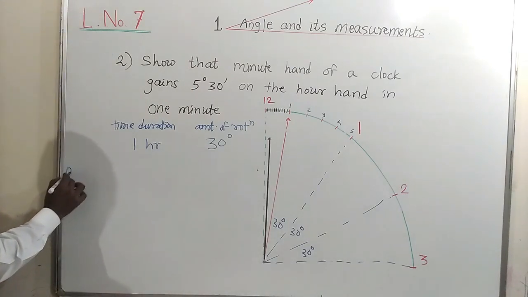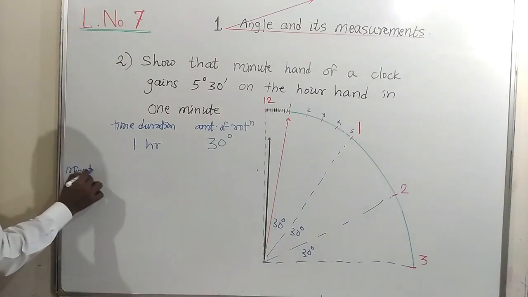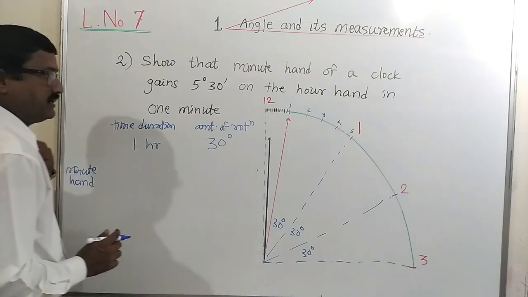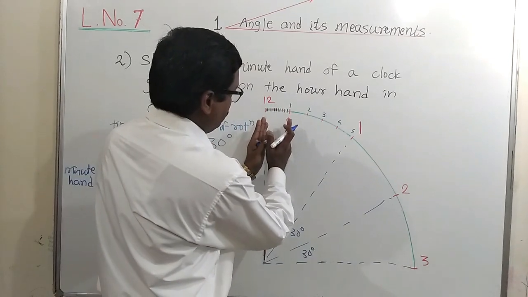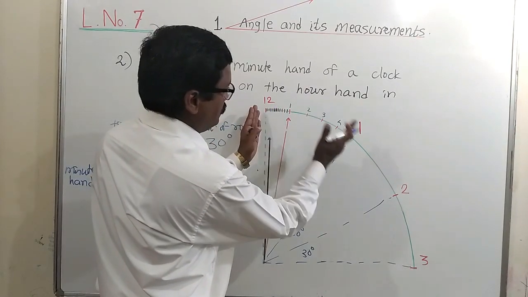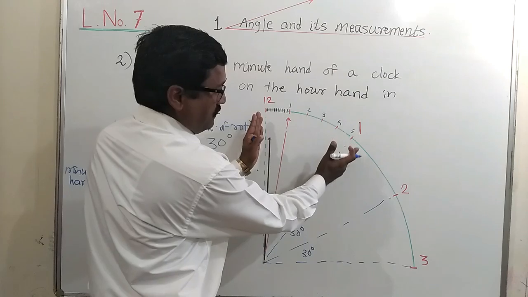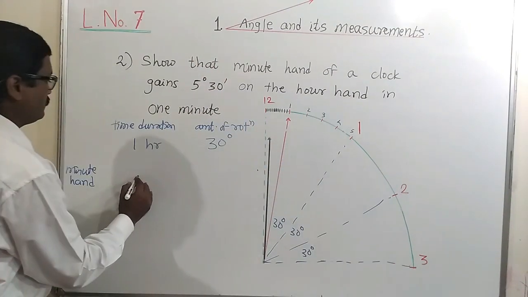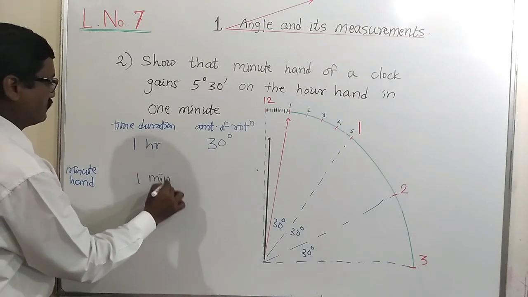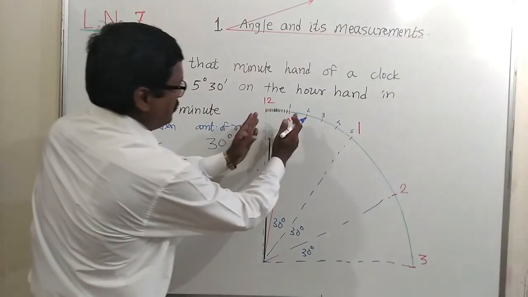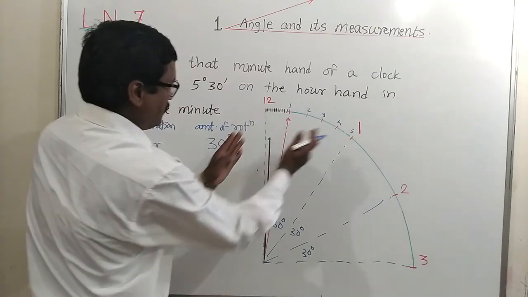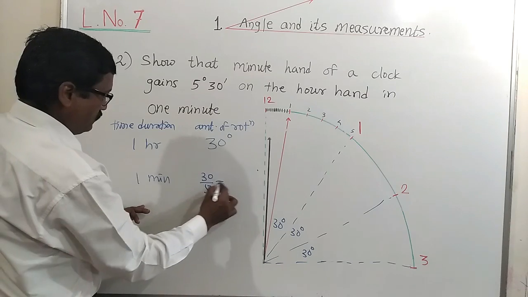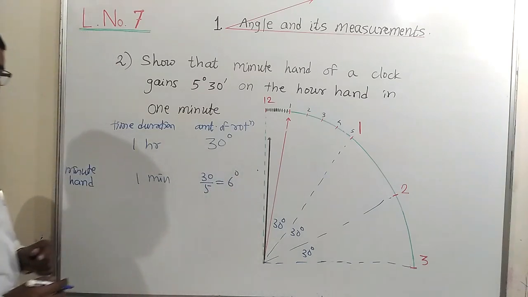Therefore, in the case of the minute hand, the amount of rotation in 1 minute: whenever the minute hand rotates from 12 to 1, it completes 5 minutes. So 5 minutes equal 30 degree, so 1 minute equals 30 upon 5, that is equal to 6 degree.